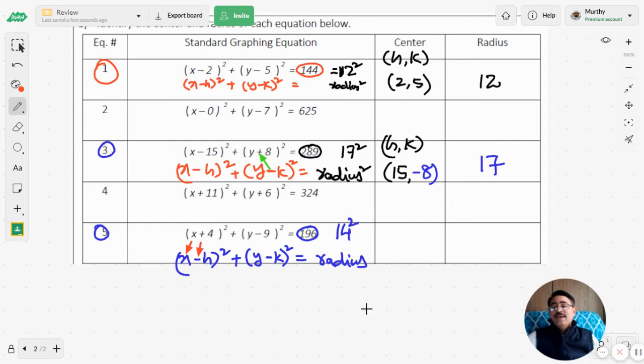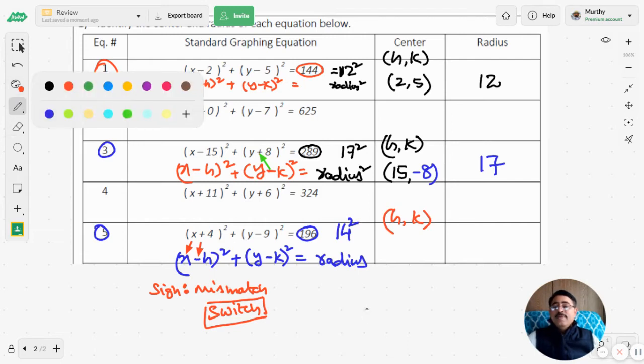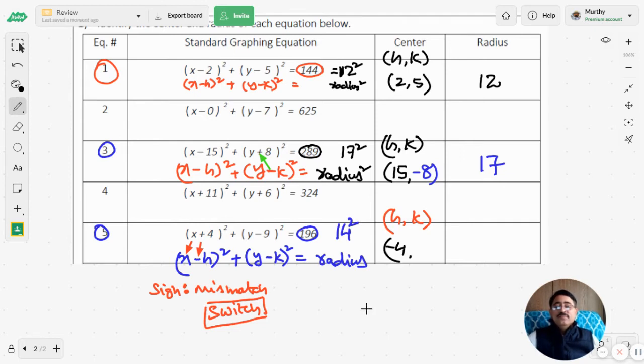In such a case, if the sign is mismatching in the equation, simply switch the sign. So I see plus 4, and again I'm repeating, you switch the sign. So instead of positive 4, take negative 4.